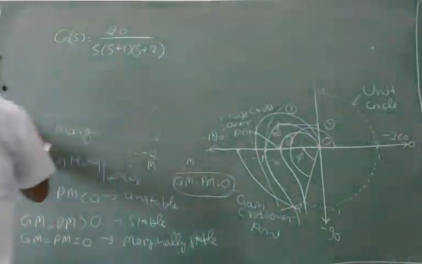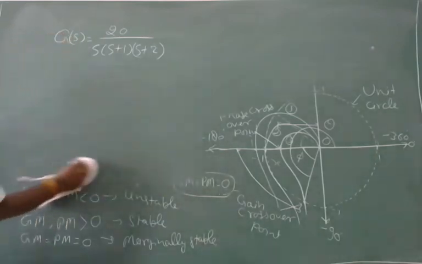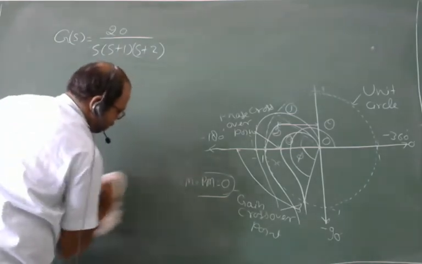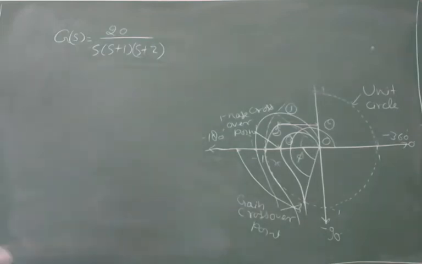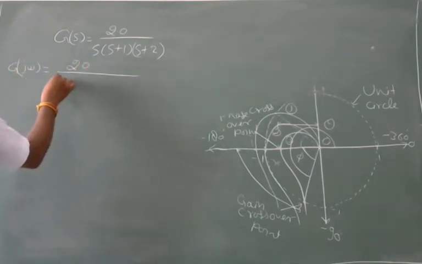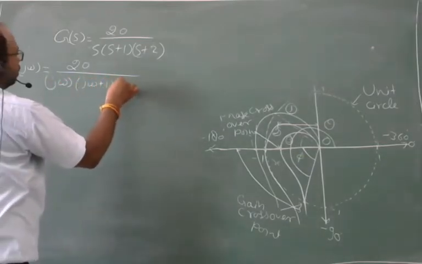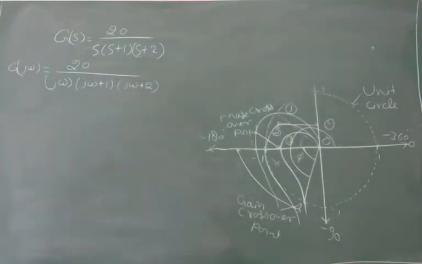So first of all, find G(j omega). And what will be G(j omega)? 20 divided by j omega times (j omega plus 1) times (j omega plus 2), right?